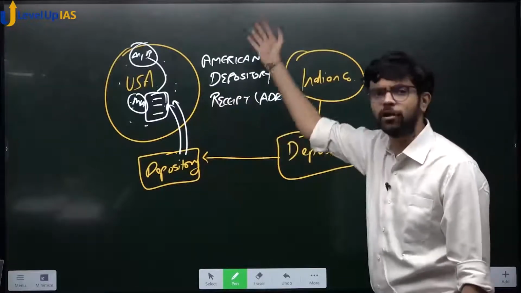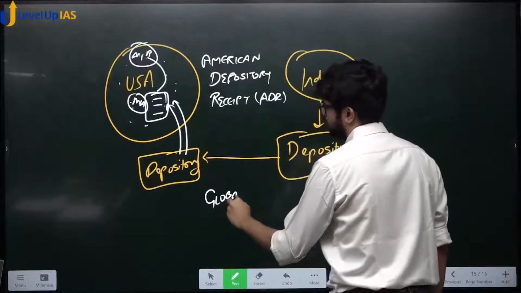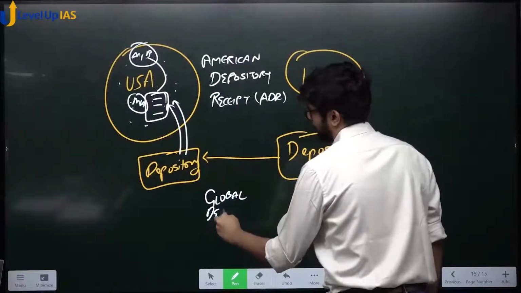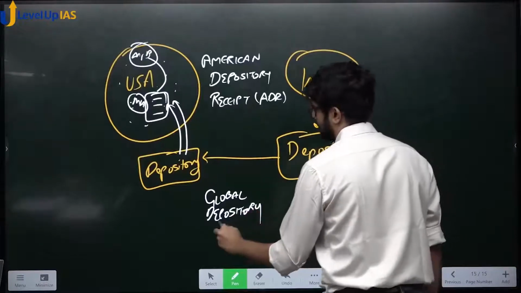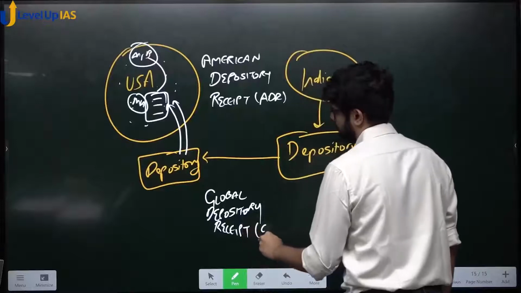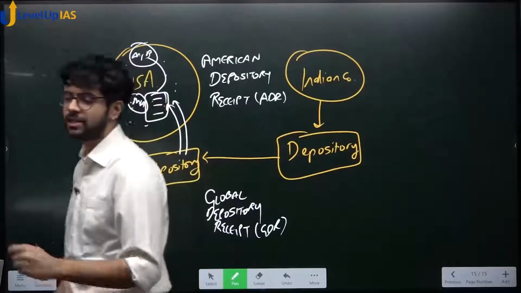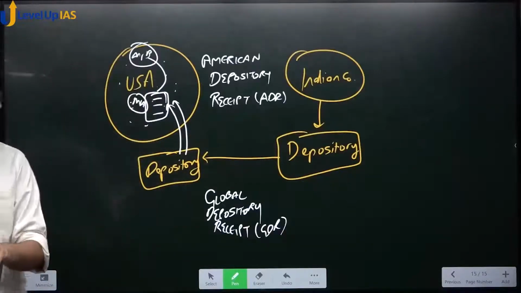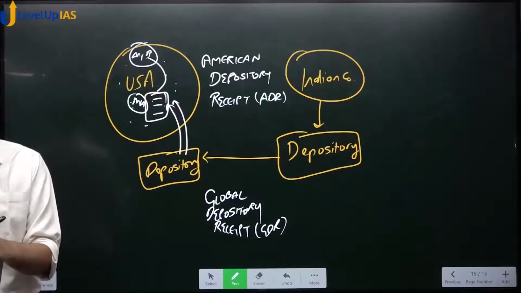If it is issued anywhere outside USA, it is called GDR, Global Depository Receipt. If it is in USA, it is called American Depository Receipt. If it is outside USA, it is called Global Depository Receipt. Understood?